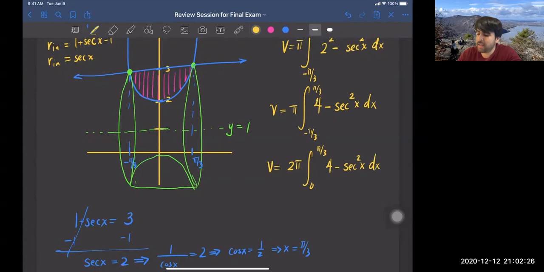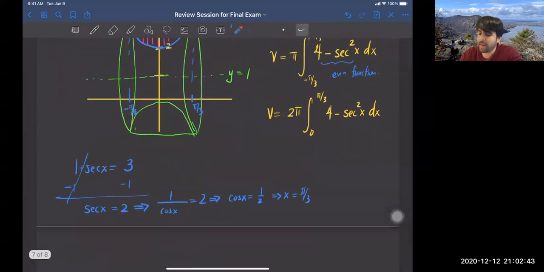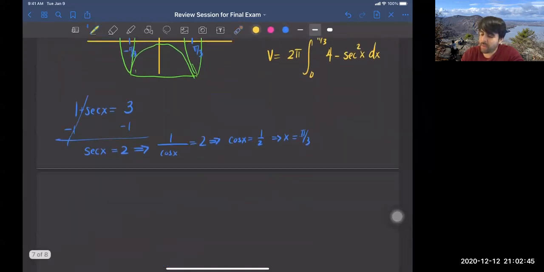It's a good catch. So this is even, guys. You can clearly see that by the setup here, or just by plugging in negative x, you see that it's always going to be positive, so nothing happens there. It doesn't change it. So now I can say V equals 2 pi.